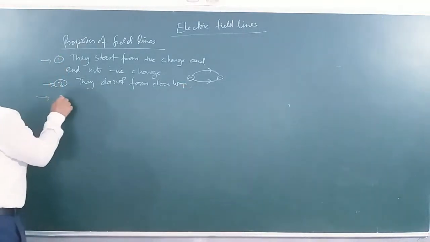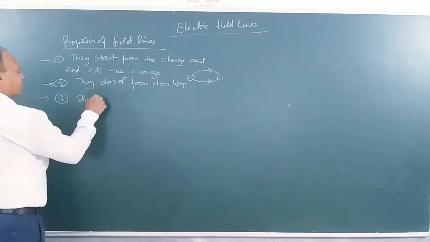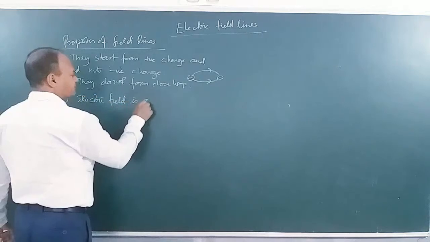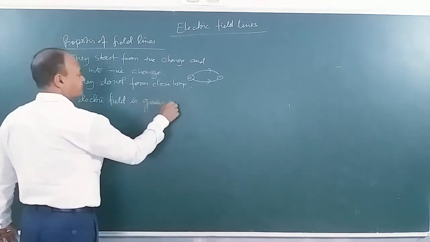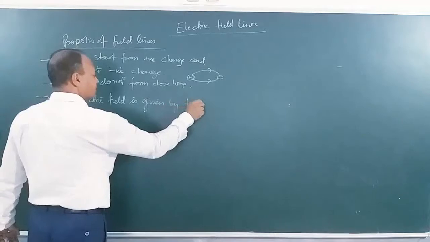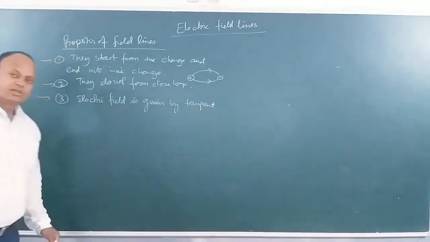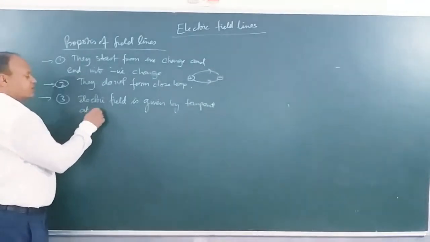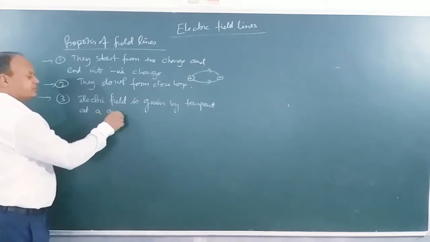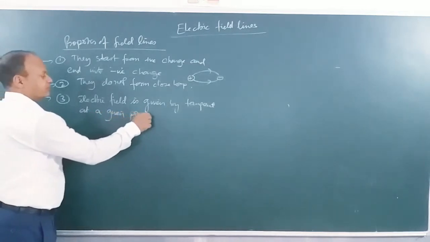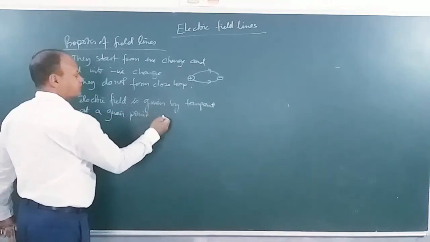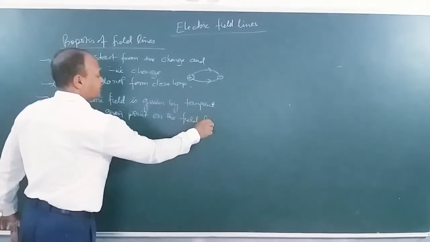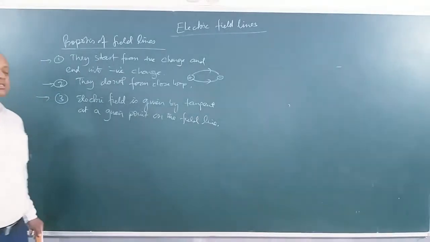Number 3, which we already did, electric field is given by the tangent at a given point on the field line. This we already discussed.